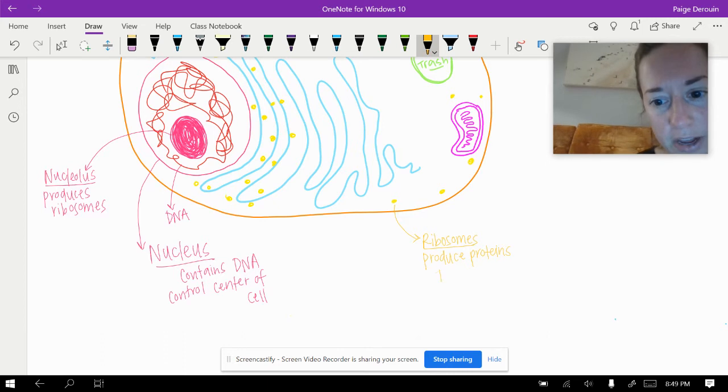If they are free, like this one I just drew an arrow to, it means the proteins made will be used in that cell.